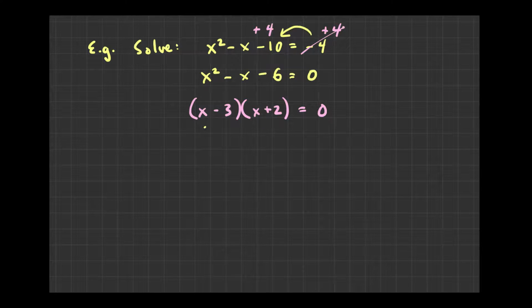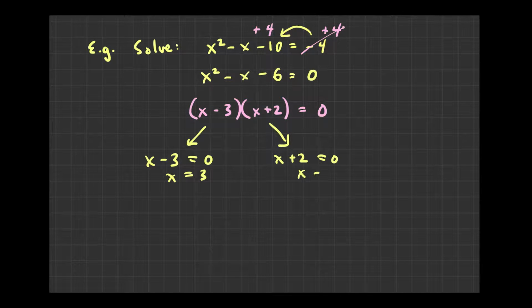That gives me two possibilities: x minus 3 equals 0, and x plus 2 equals 0. I'll solve them simultaneously. x is equal to 3, or x is equal to negative 2. Not so bad, right?